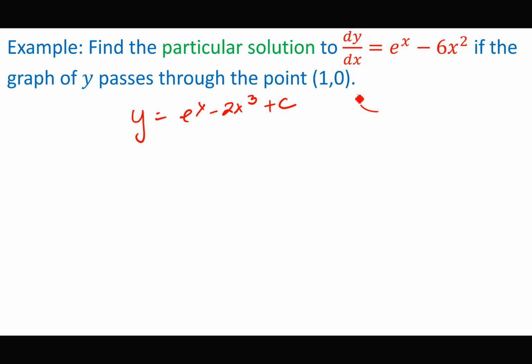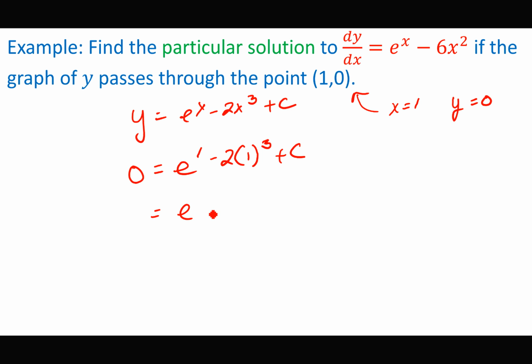Now let's use this additional information. Well, I know x is 1 and y is 0 from that coordinate. So then I could say 0 equals e to the first minus 2 times 1 cubed plus c. And so this is e minus 2 plus c. If I wanted to solve for c, I could bring this e over to the other side.